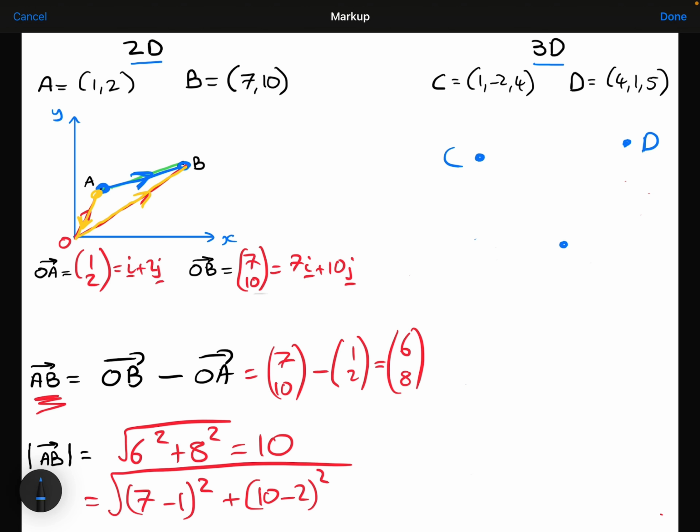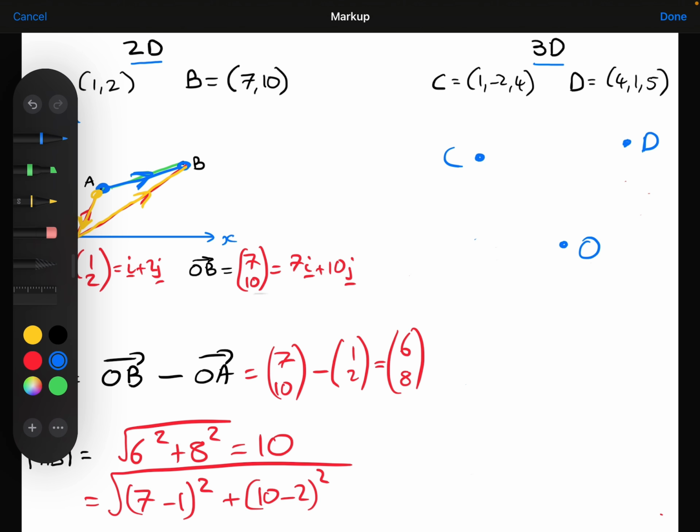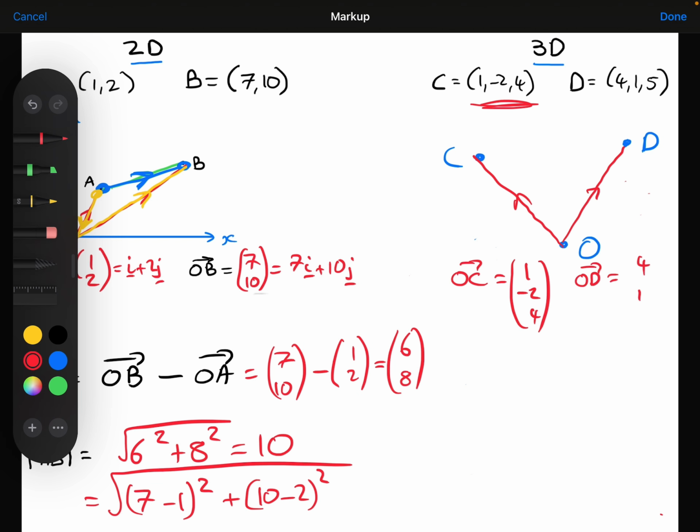And my origin O is there. The important thing is that this is the position vector OC, which is 1, minus 2, 4 from here. And this is the position vector of D, OD, which is the 4, 1, 5.